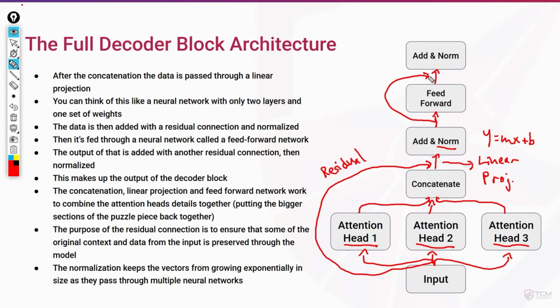We try to keep preserving some of that input, we normalize it, and then we pass this to the next decoder block, assuming there is another decoder block. And that makes up the full decoder block.